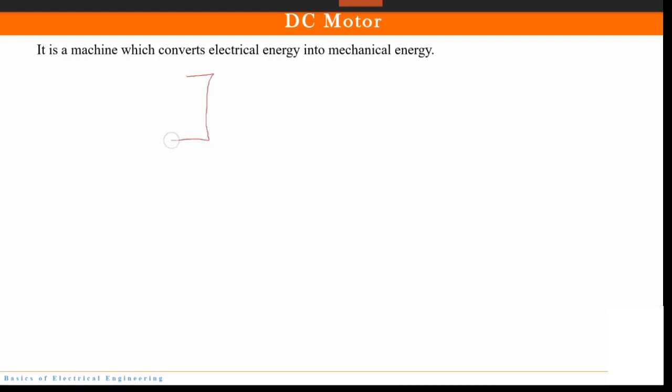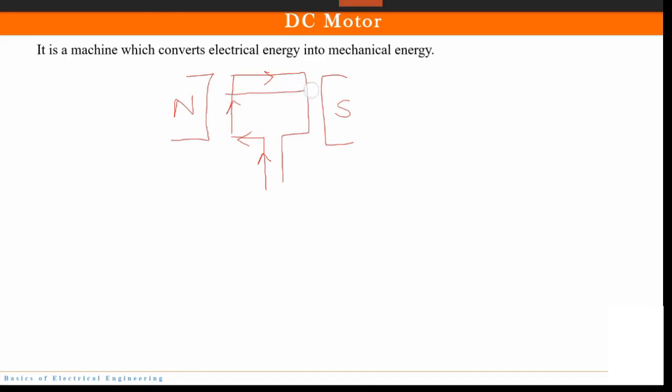So here you have north pole, here you have south pole. So this is the magnet. Okay. And here you have the armature coil. Fine. So there we used to generate electrical energy. Here we will give electrical energy. So current flows. Fine. And when the current flows through armature coil, magnetic field is produced, isn't it?